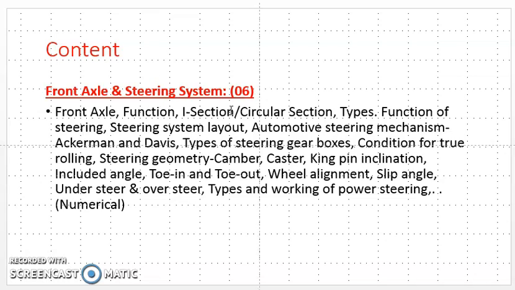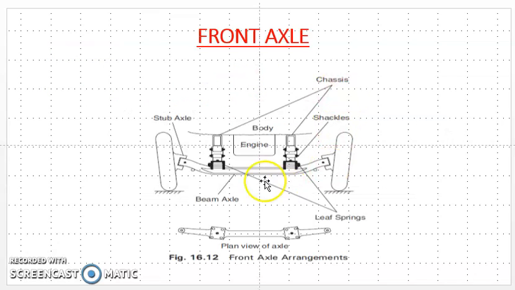Before starting the steering system, you should know what the front axle is. Just look at this figure and you will understand: this is the front axle, which is at the front side of the vehicle and supports the two wheels.